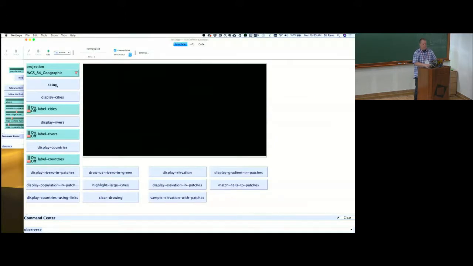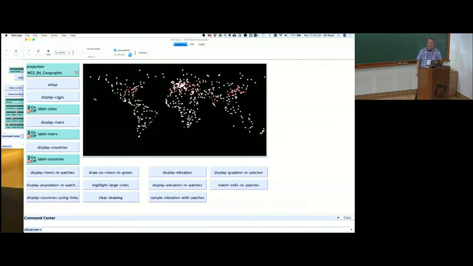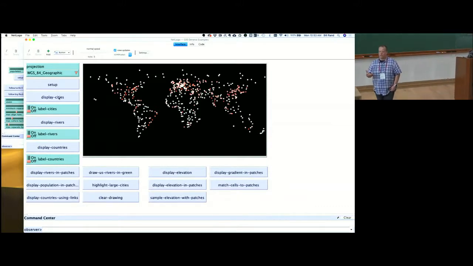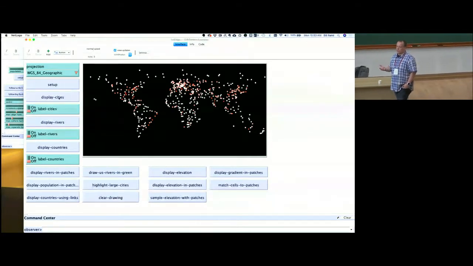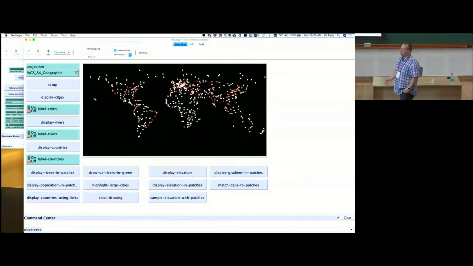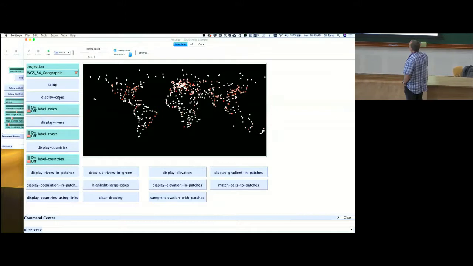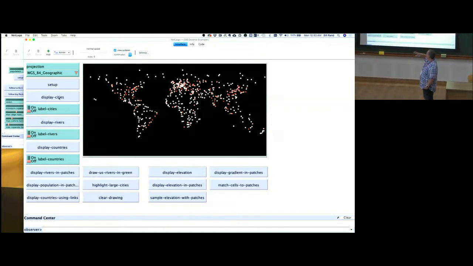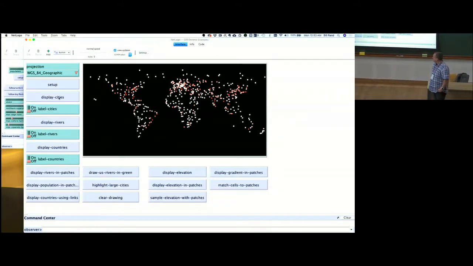The GIS data can be brought in as agents, but you can also bring it into what's called the drawing layer. In that case, it's more of just a visualization than an actual part of the model. In this case, I'm having it display, I think, the 200 or 300 biggest cities in the world, right?